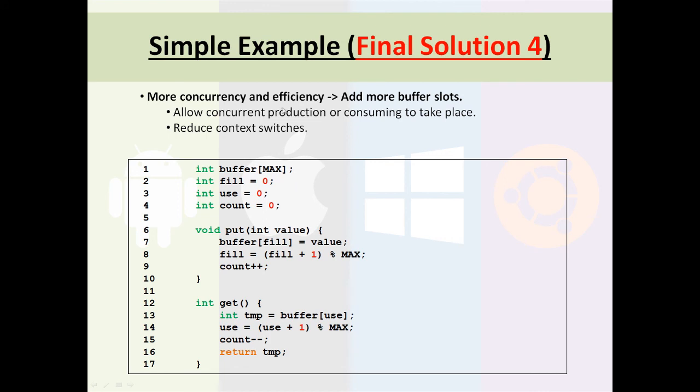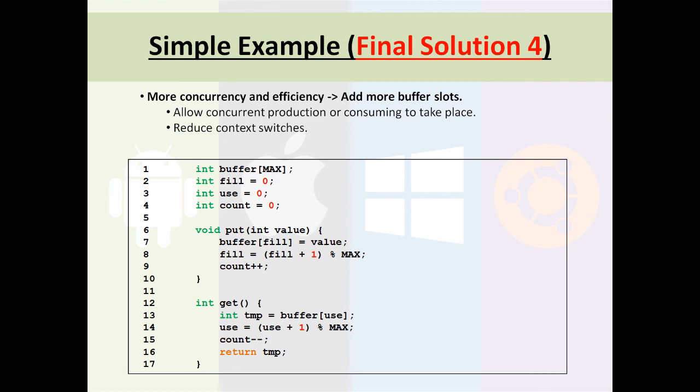And this allows for more concurrency and more efficiency. We add more buffer slots so that multiple values can be produced before sleeping. Basically meaning that our bounded buffer has multiple values that we can store in it. And similarly, multiple values can be consumed before sleeping.